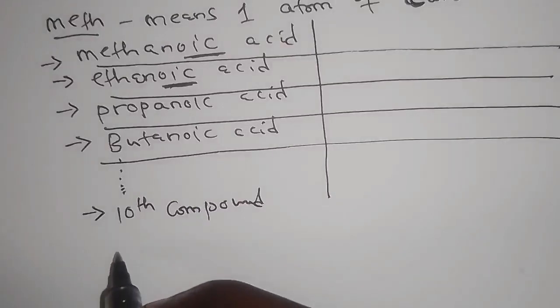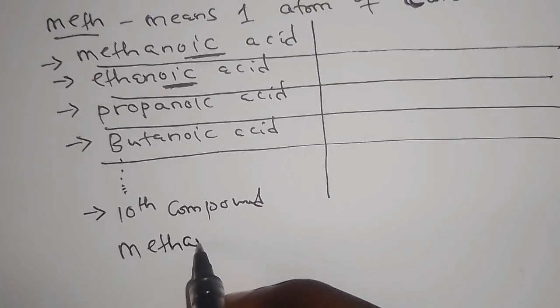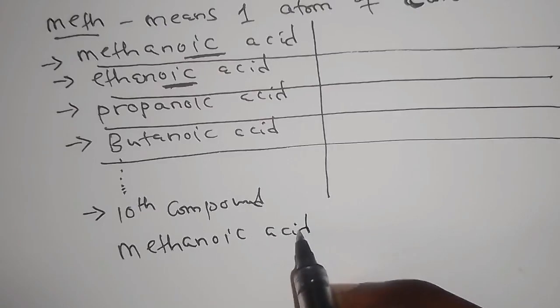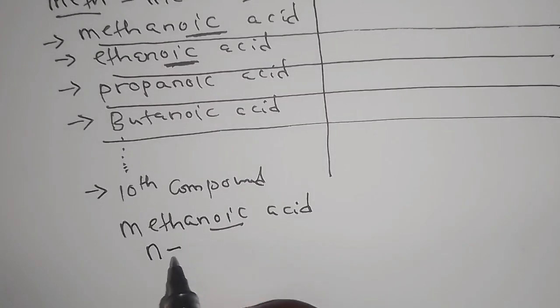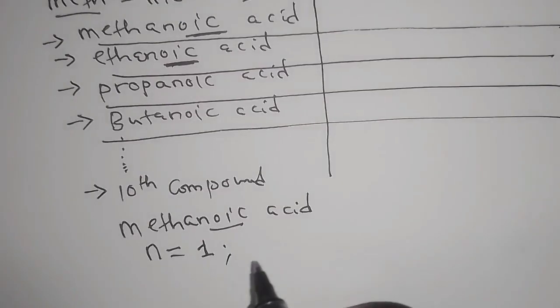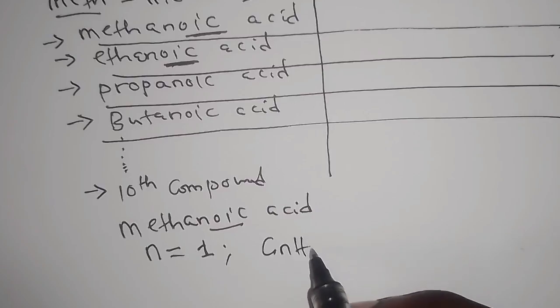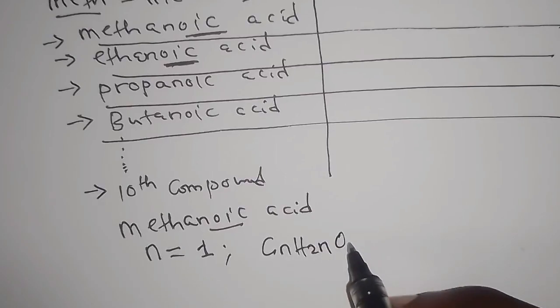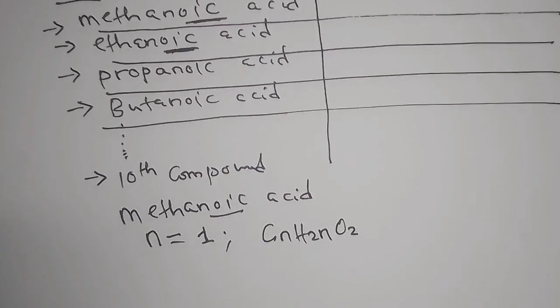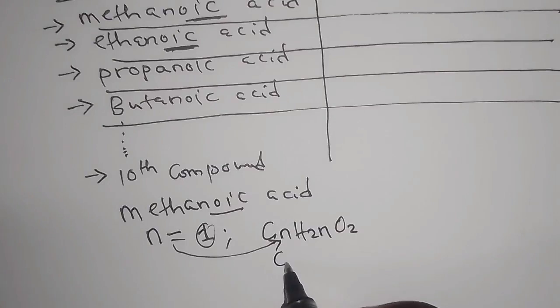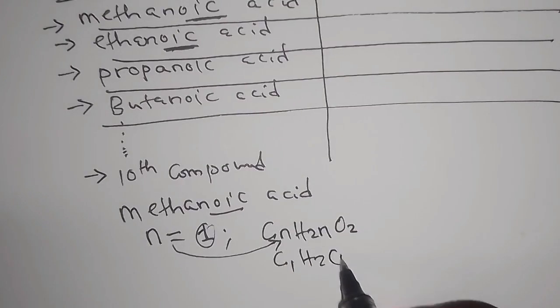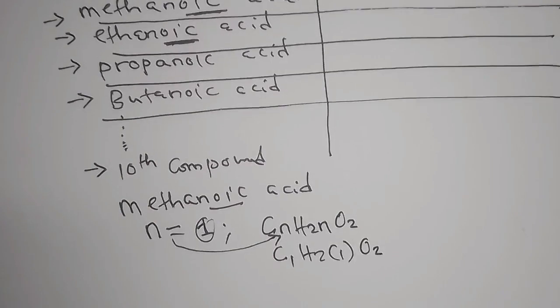If I have methanoic acid, then the number of carbons equals 1, and therefore from the general molecular formula CnH2nO2, where there is N, I'm going to put 1. So C1 H2×1 O2.